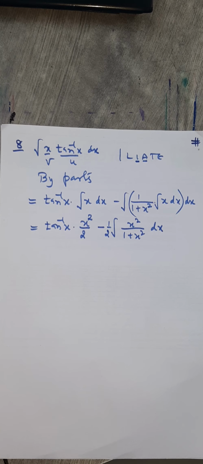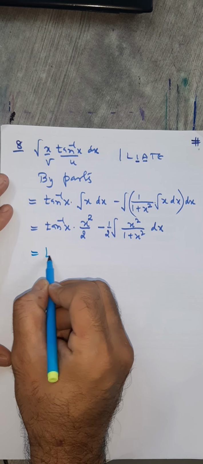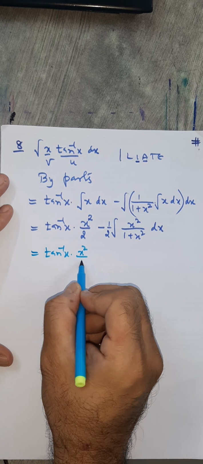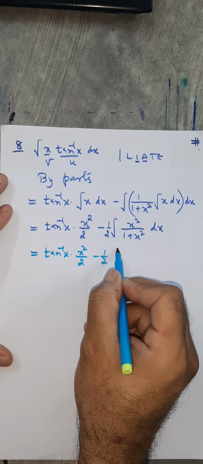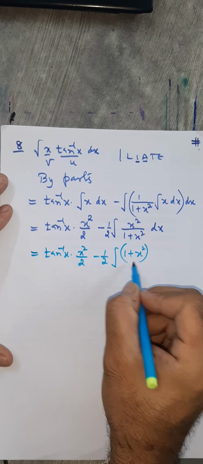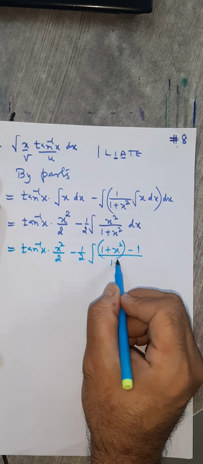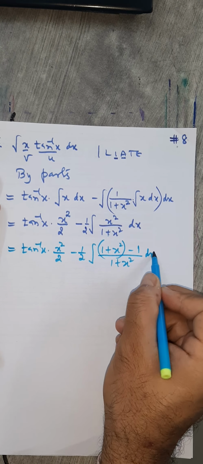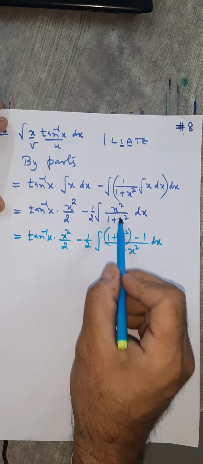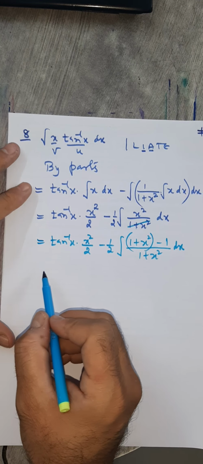How will we do that? If you observe, it is quadratic upon quadratic. I already told you earlier, if you have quadratic upon quadratic, what we usually do is set the denominator expression over there: 1 plus x squared minus 1 upon 1 plus x squared, adding and subtracting 1.